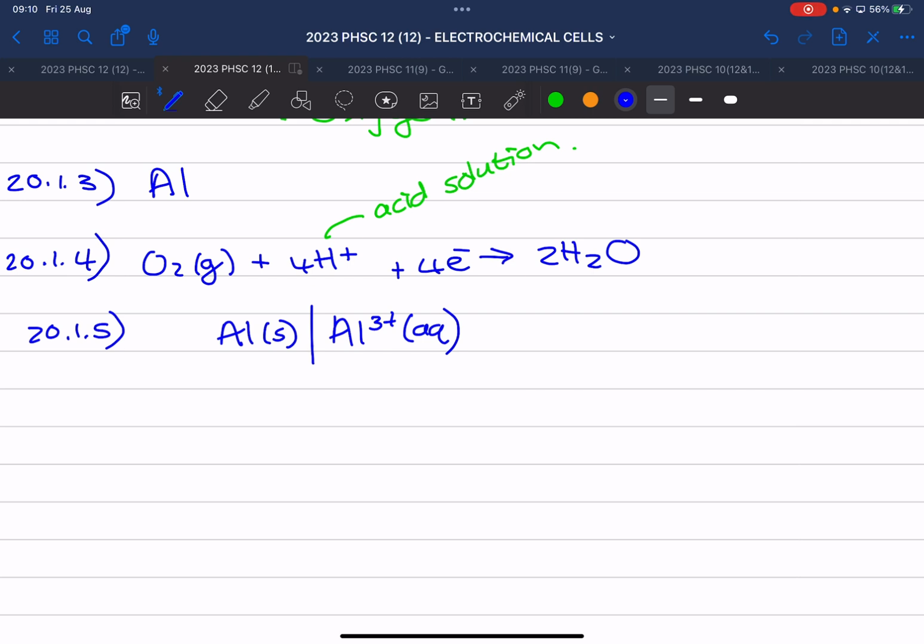Yes, then it's going to be hydrogen ion, like the salt. And then hydrogen ion. Do we start with... Sorry, ma'am, oxygen is not oxygen.